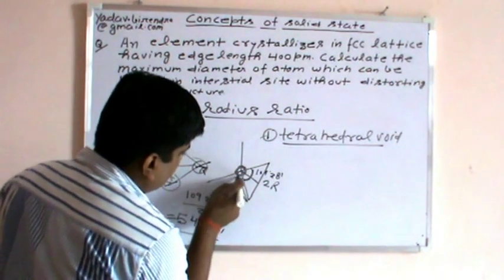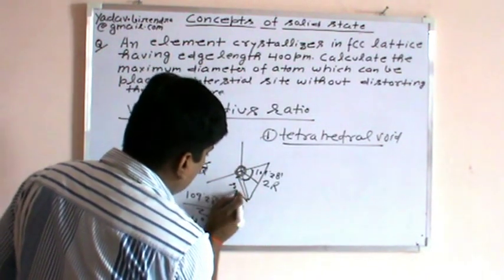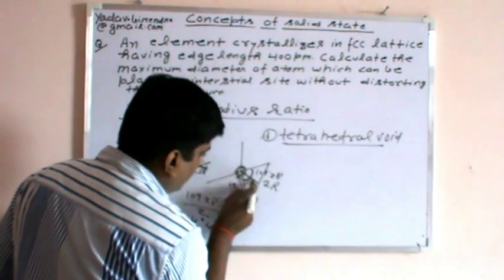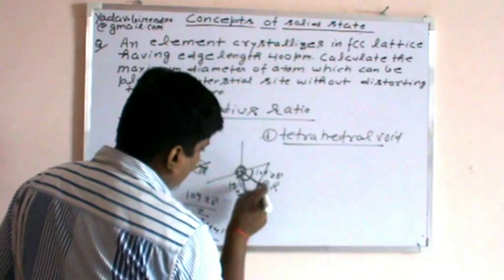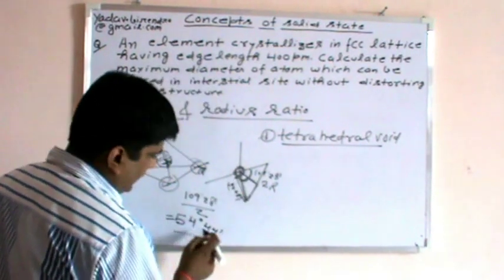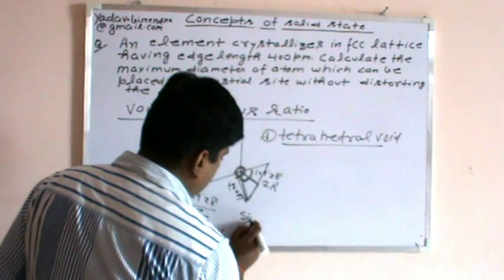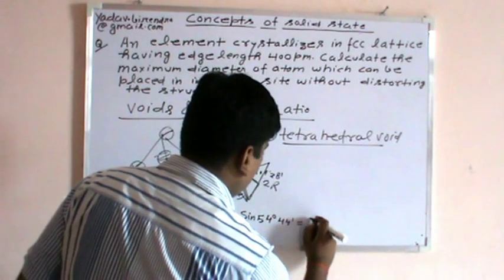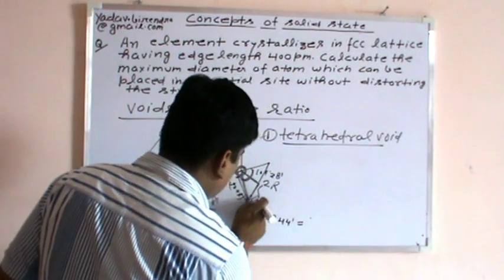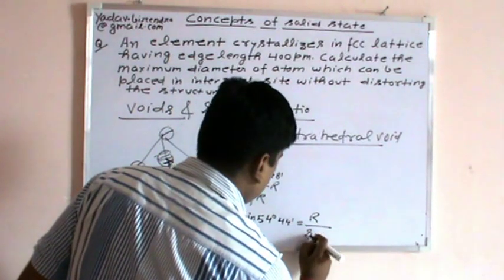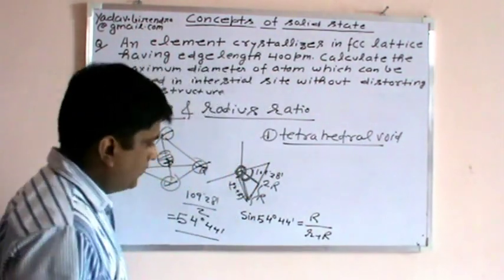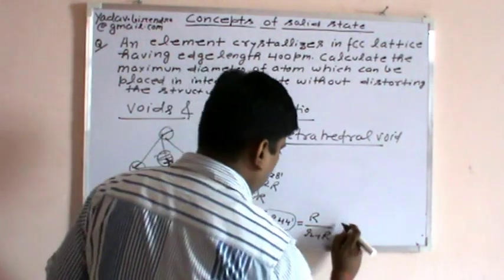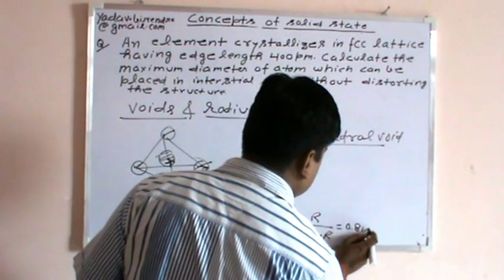This length will be small r plus capital R. Now in this triangle, we can use sine 54 degree 44 minutes. I can write sine 54 degree 44 minutes is equal to this length r upon small r plus capital R, and the value of sine 54 degree 44 minutes is 0.816.